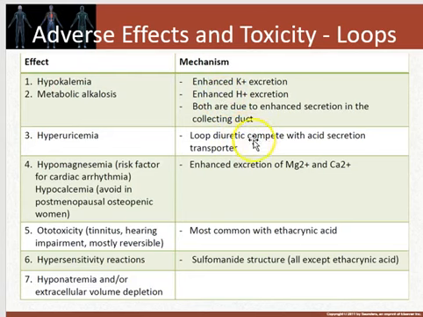Loop diuretics have the ability to compete with the acid secretion transporter, which we'll expand more about in the kidney unit, which is coming up next. The effect observed would be excess uric acid. There could also be an enhanced excretion of magnesium and calcium, setting the patient up for potentially cardiac arrhythmias.